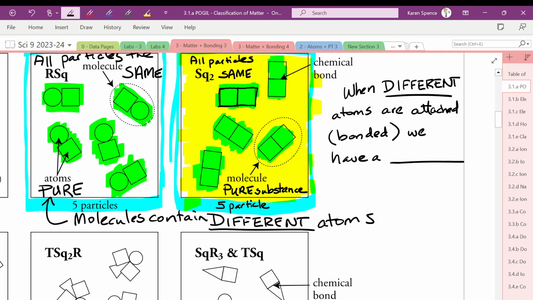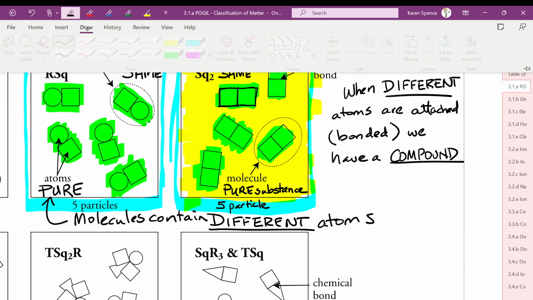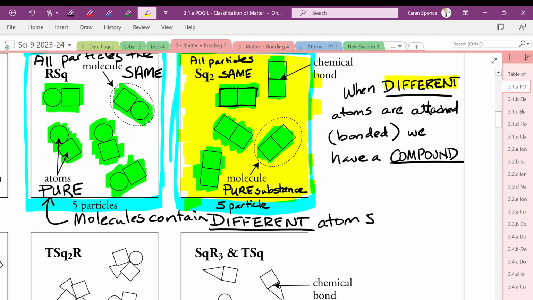So when different atoms are attached or bonded, we have a compound. So the key thing about compounds is that you must have different atoms.